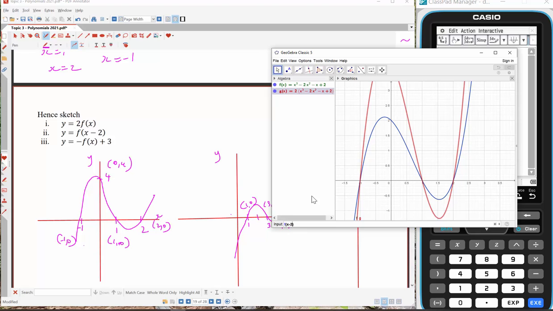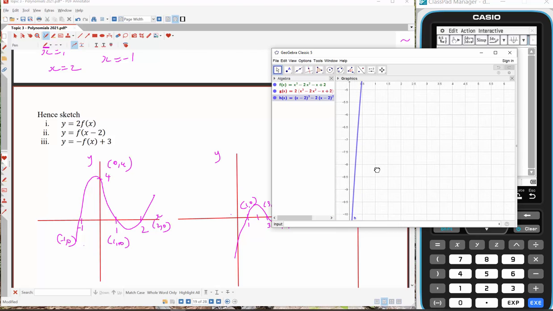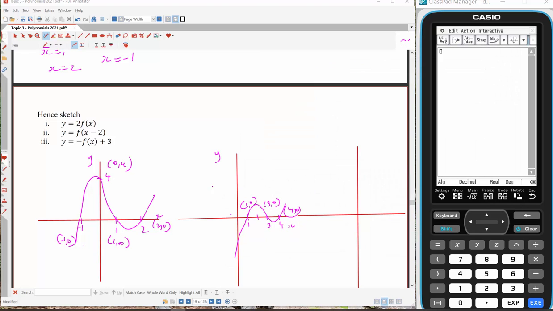F of x take 2, and h of 0, please. Negative 12. Alright, so let's just pretend that we did that on the calculator. We did that by hand, subbed x take 2 in, let x equal 0, and it would have told us that the y-intercept was when x is 0, y is negative 12.